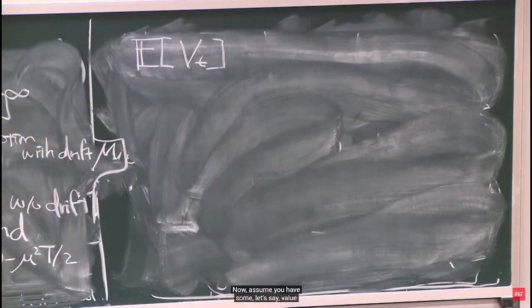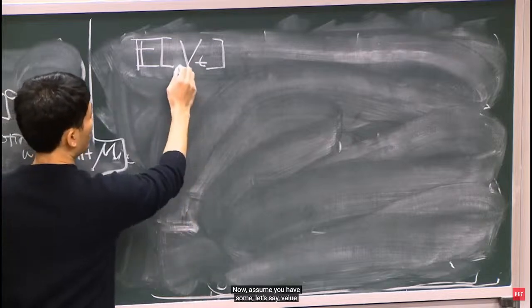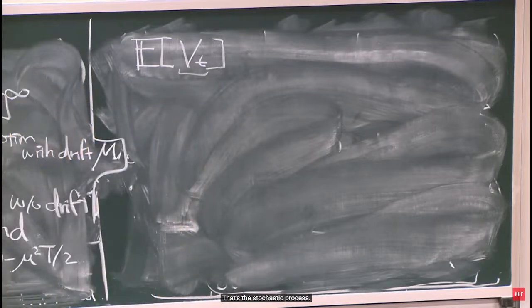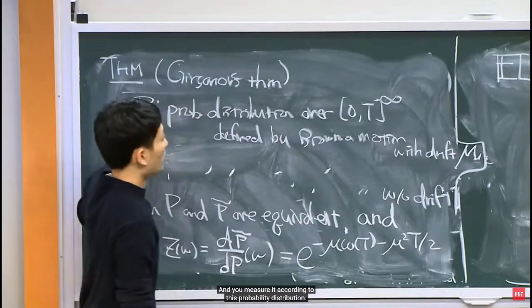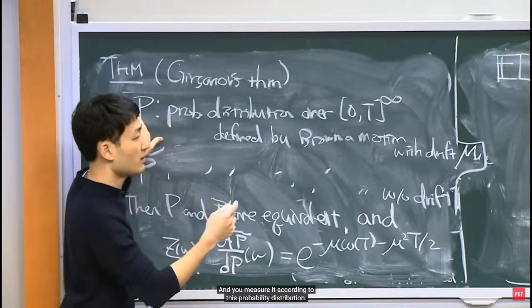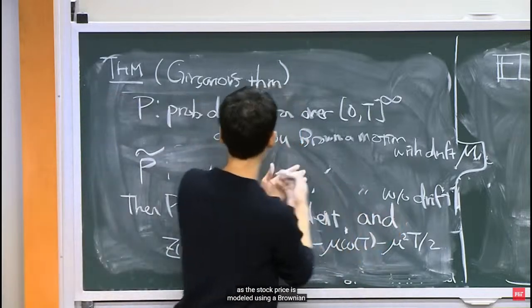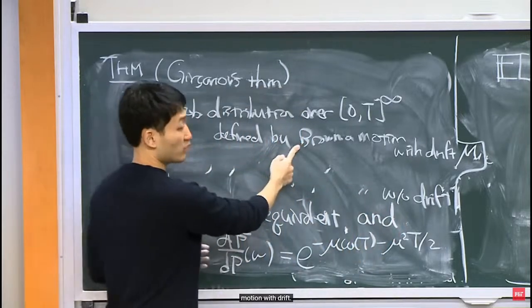Now, assume you have, let's say, the value of your portfolio over time. That's a stochastic process, and you measure it according to this probability distribution. Your underlying, let's say, depends on some stock price, and this stock price is modeled using a Brownian motion with drift.